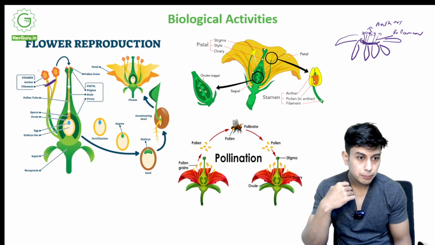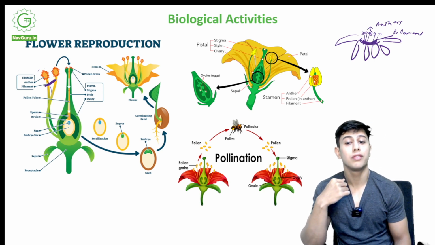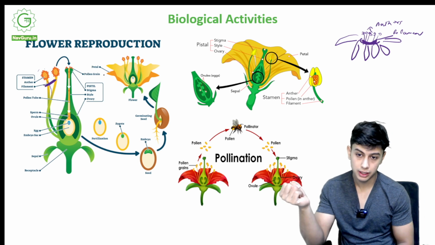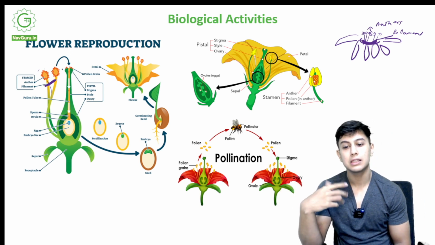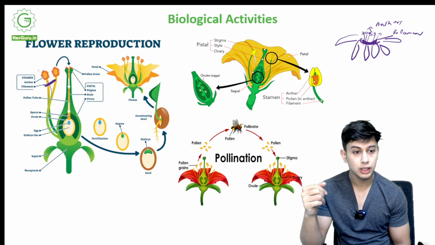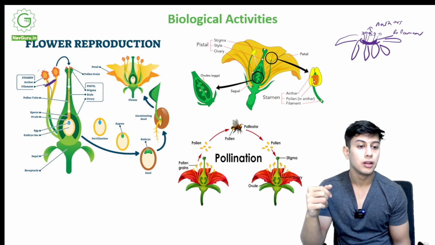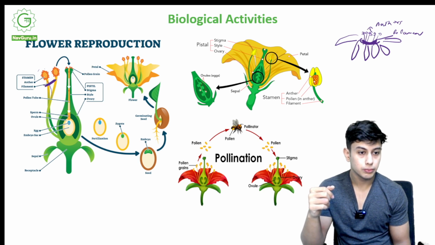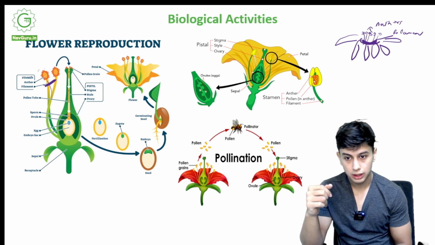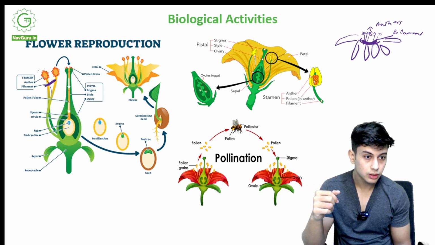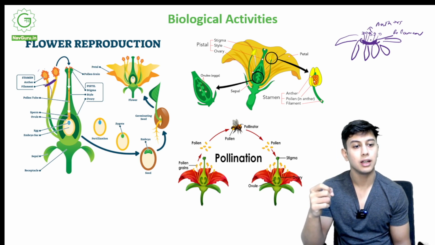This is the male part of the flower. So whenever you see a flower next, you see that in the middle, that is the male part of the flower. Okay, that contains the male reproductive organ, that is stamen, okay, which contain anther and filament.